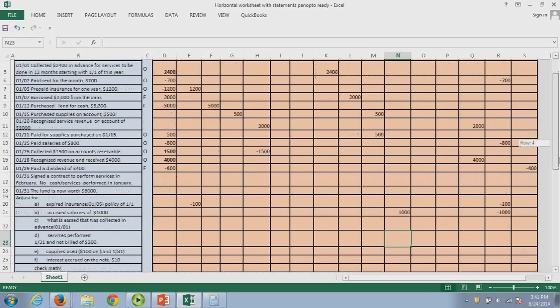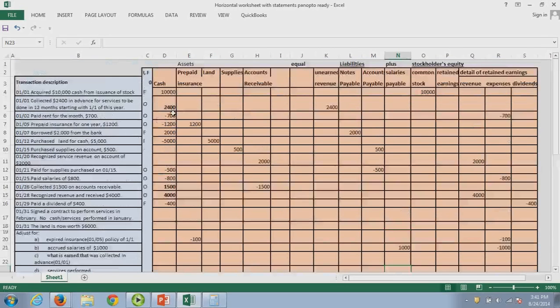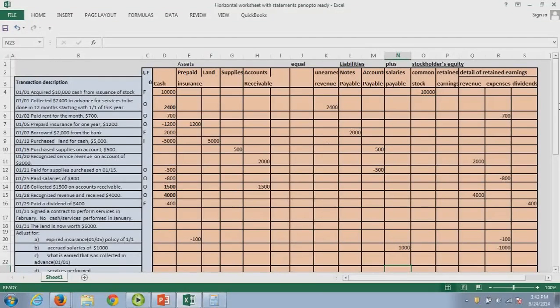Okay. So what's earned was what is earned that was collected in advance. So if we come back up here to the money that we actually received, this is what I was starting to do a minute ago. If we assume it's earned evenly throughout that 12-month period, $2,400 was collected for contract, $200 a month. So we'll assume that we earned $200 of that contract with the customer.